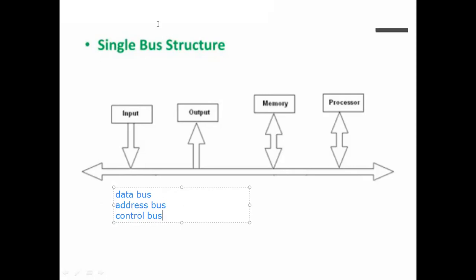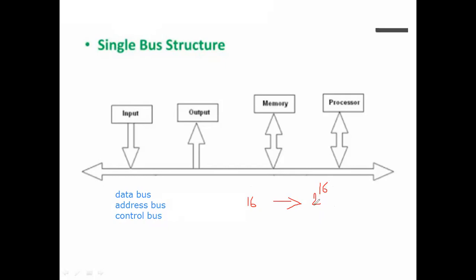Suppose you have 16 address lines, then based on this number, we know the total memory capability of the processor: 2 power 16 memory locations are there. If 16 address lines are there in the processor, then 2 power 16 memory locations are there.